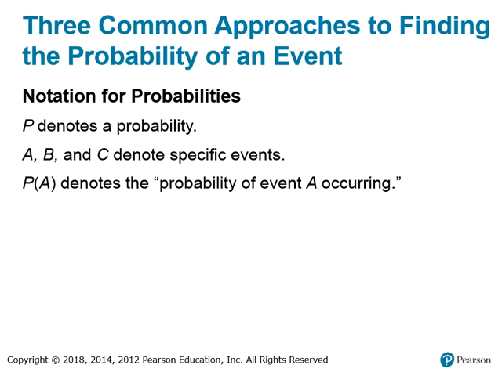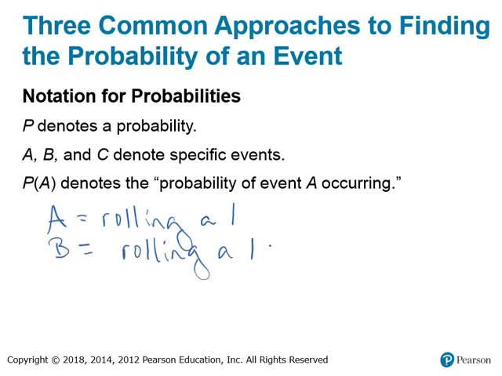So sometimes what you'll see is that, if I grab my pen here, they'll do something like A is rolling a 1, B is rolling a 1 or 2, and then they'll say what's the probability of A, what's the probability of B. So that's one way you might see it.